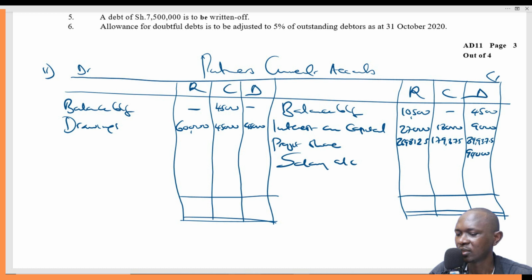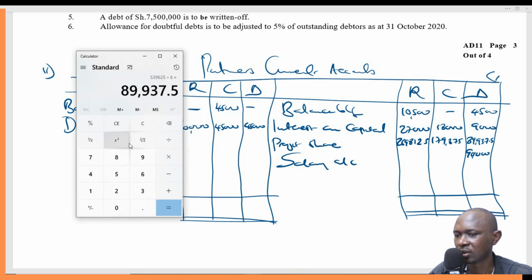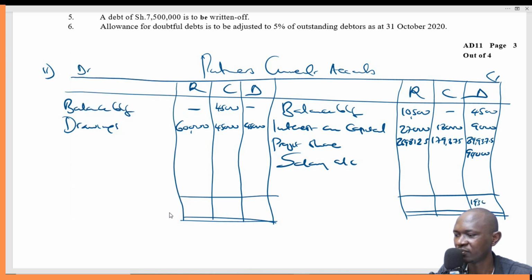So then let's get the calculator. 89,937.5. We'll start from there. Plus 90,000. Plus 90,000. Plus 9,000. Plus 45. So this gives us 193,437.5.